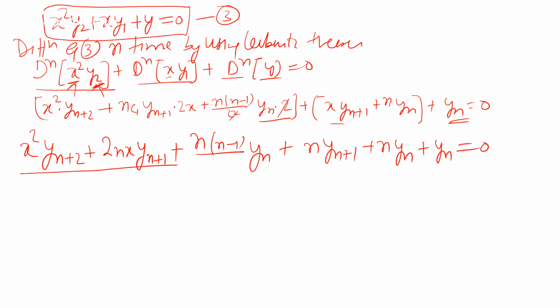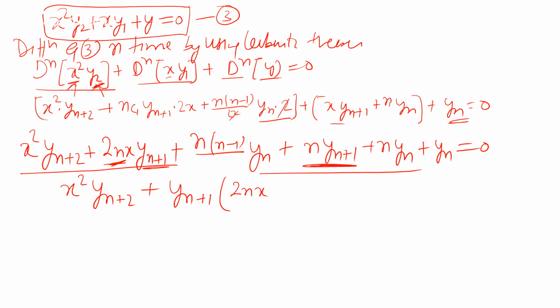Now just arrange the terms. You can write x^2 y_{n+2}. Now take y_{n+1} as common: 2nx and y_{n+1} is there, so write plus x. And take y_n as common, so from that term we write n^2 minus n, and this becomes plus n, and plus 1.